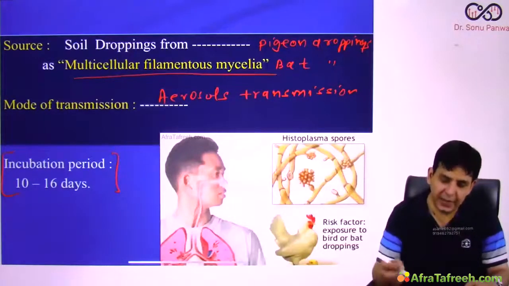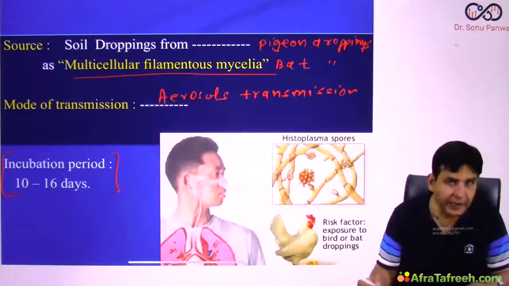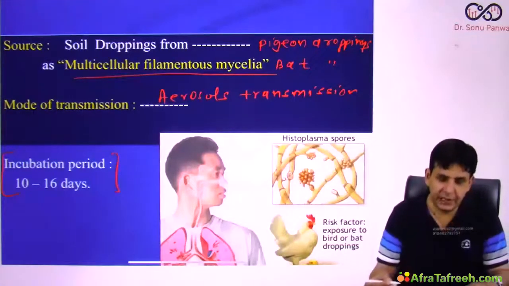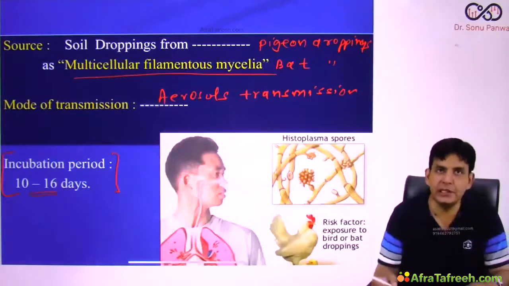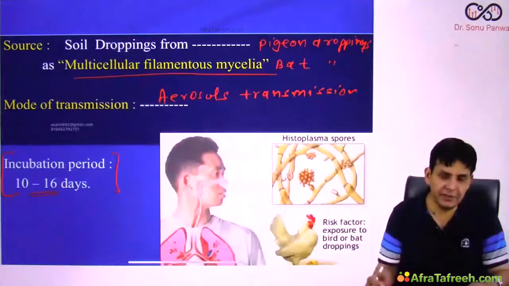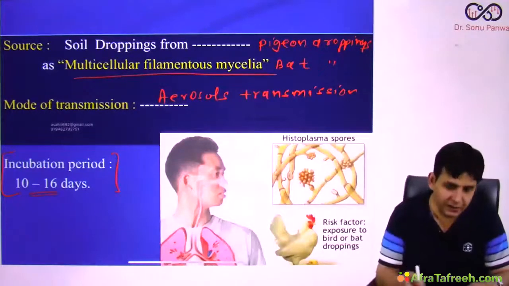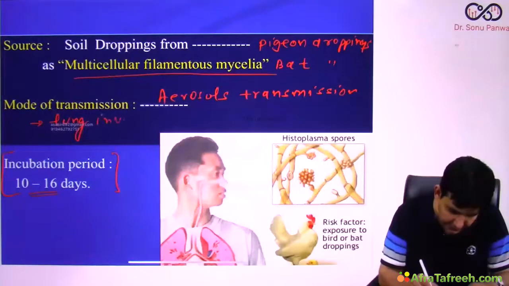So actually what happens here is that these particular spores are inhaled. So inhalation, aerosol transmission, is there, and the incubation period of histoplasmosis is around 10 to 16 days. And in most dimorphic diseases like these, where aerosol transmission happens, there is lung involvement.